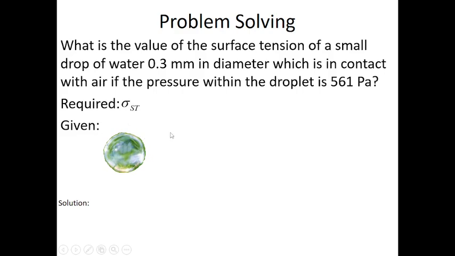So if this is the small drop of water with a diameter of 0.3 millimeter, it is in contact with air. We have the water and air in its surrounding. The pressure inside this droplet now is 561 Pascal.